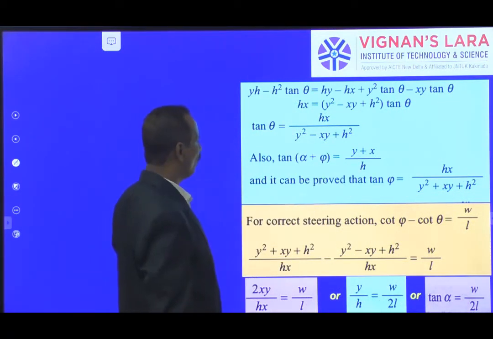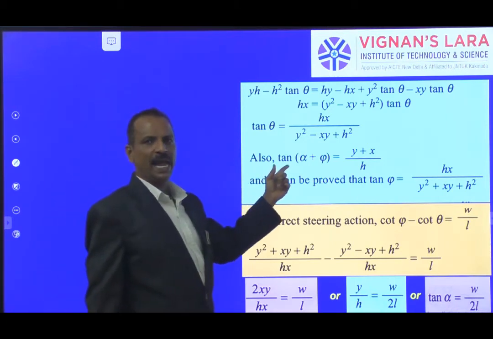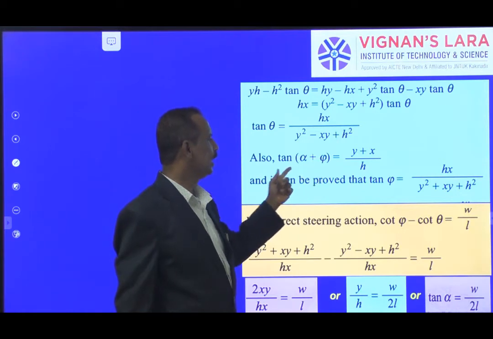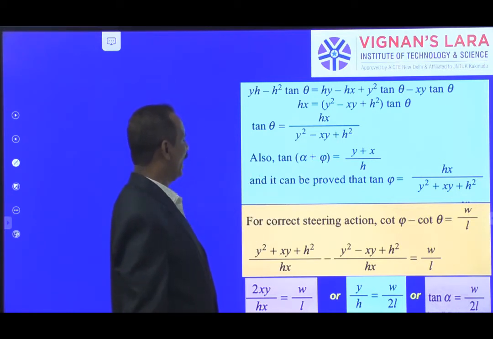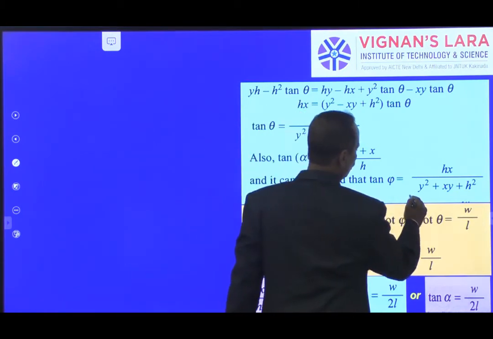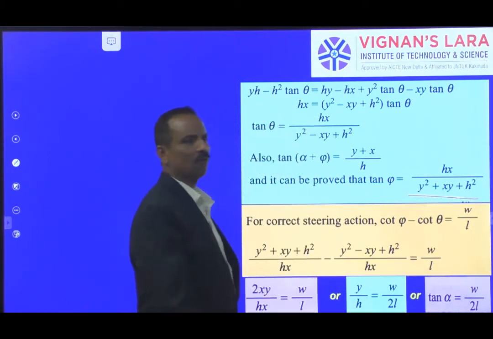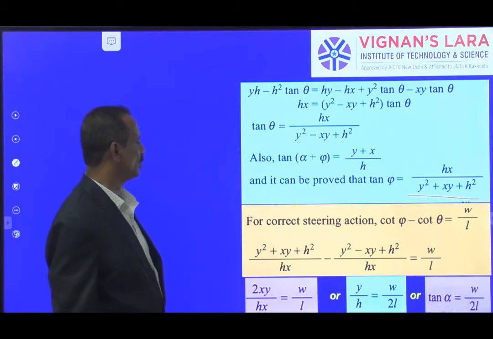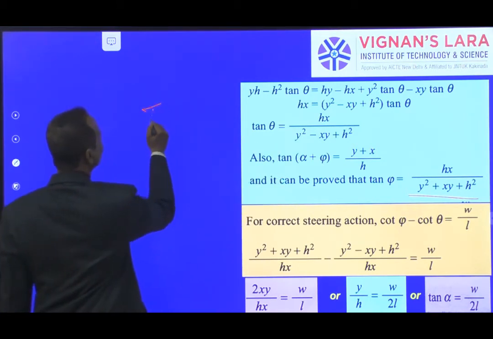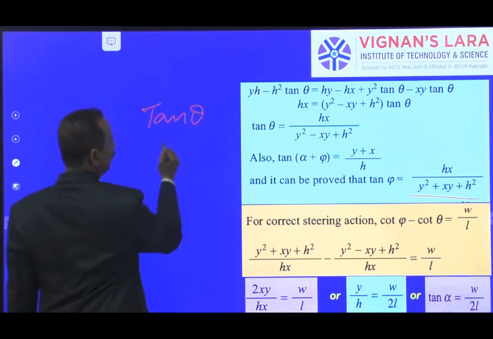In a similar way, if I expand tan alpha plus tan phi by 1 minus tan alpha tan phi, and writing what is tan alpha, then rearranging, I get tan phi is equal to hx by y square plus xy plus h square. Okay, so I got tan theta and I got tan phi.